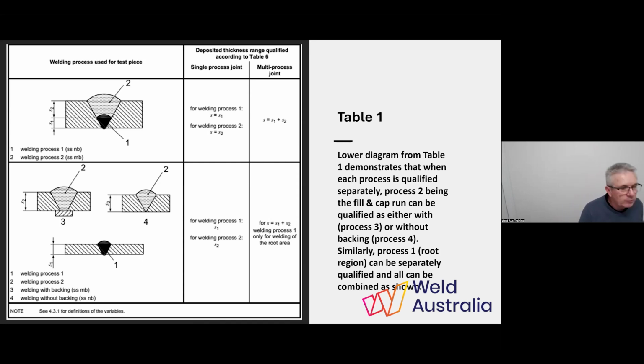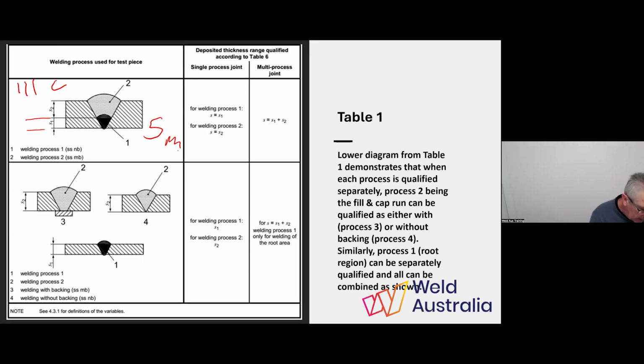So we might have two welding processes. Let's say, for instance, we've used 111, and we've used cellulose for the root run, okay? And we now have 5 millimeters as what we would deposit, and this will be in the designation. This is where this information sits in the designation.